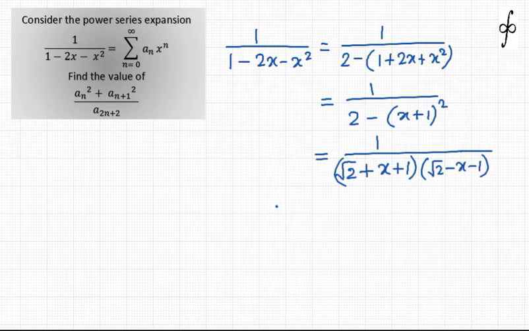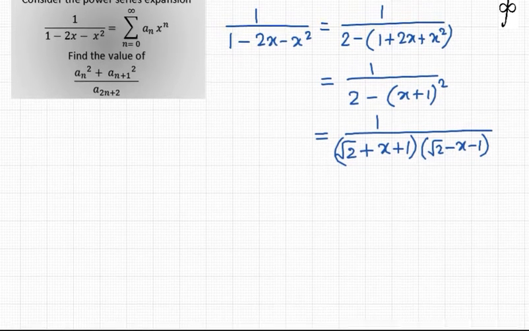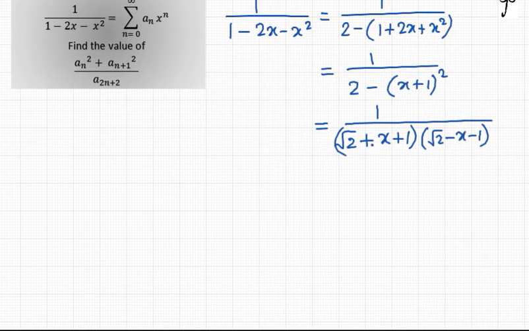Now to get the power series expansion, we can partially factorize this factorized format. For that, what we can do is this simple thing: in the numerator, instead of this 1 we can actually write root 2 plus x plus 1. So intermediate step, we can write down this 1 as root 2 plus x plus 1 plus root 2 minus x minus 1.